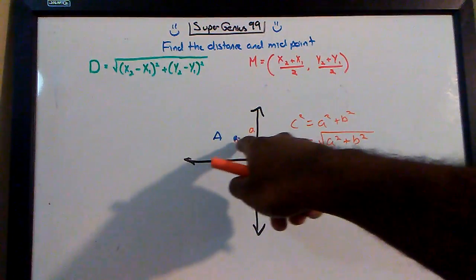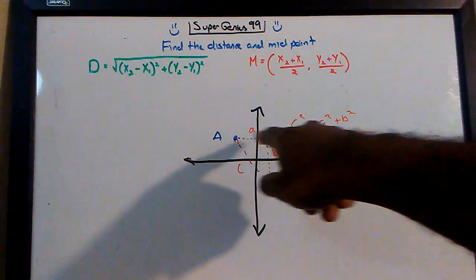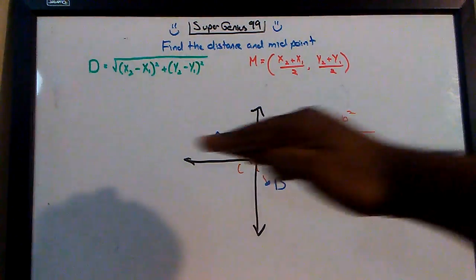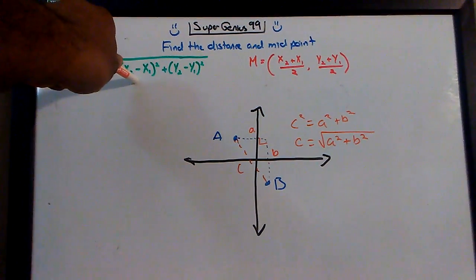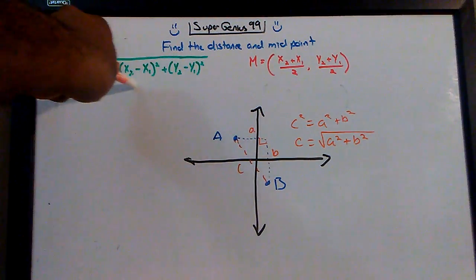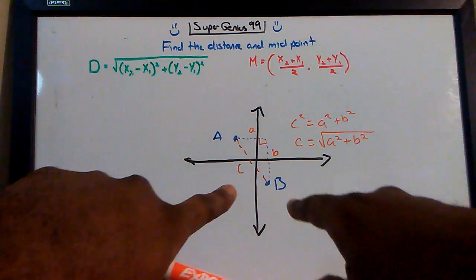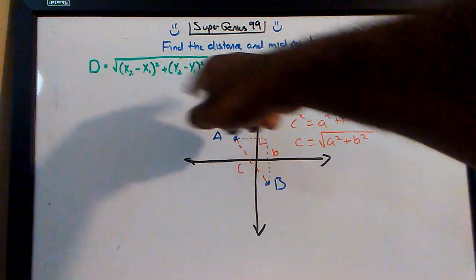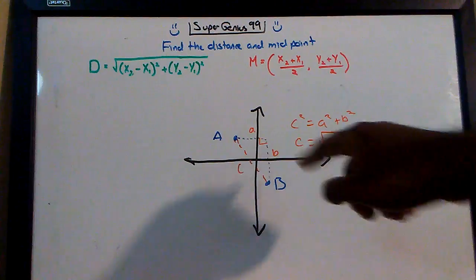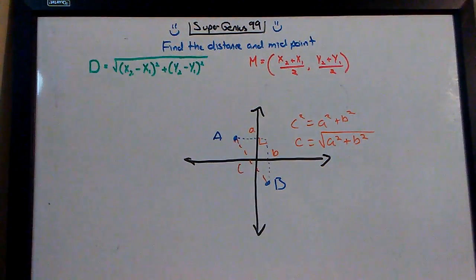So your x is horizontal, the x-axis, and then b is your y-axis. So the difference of your x's, the difference of your y's, because that's how you figure out how long between 2 points. So it's the square root of x2 minus x1 squared plus y2 minus y1 squared.